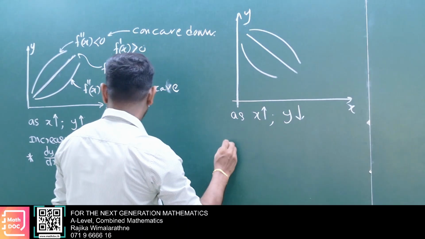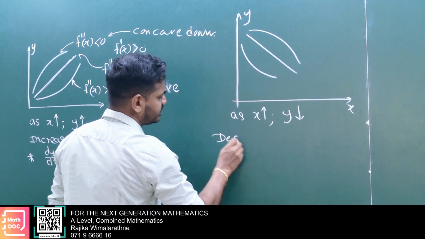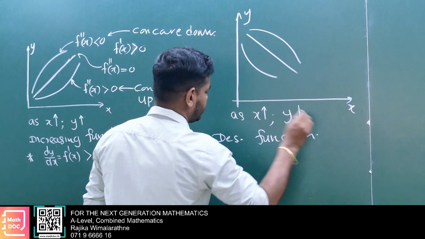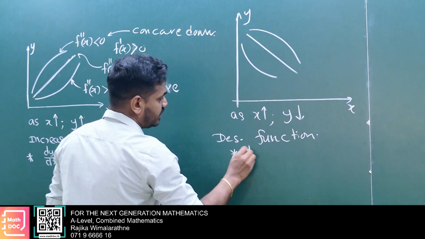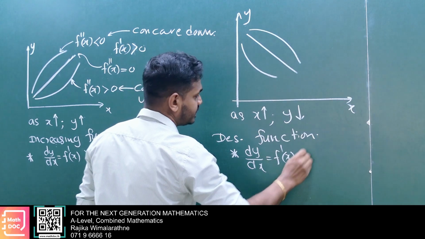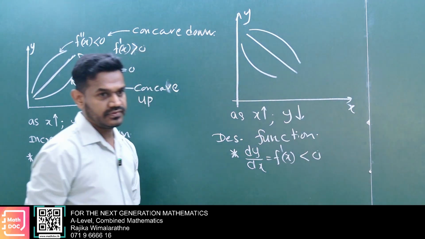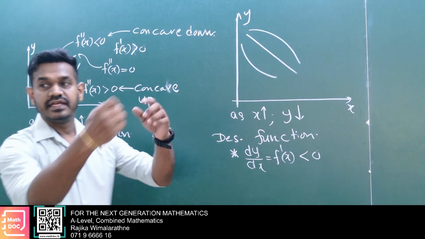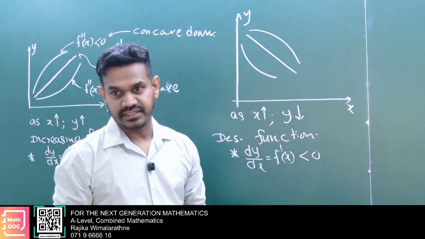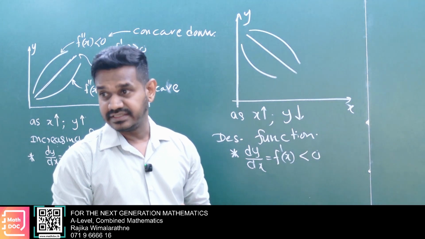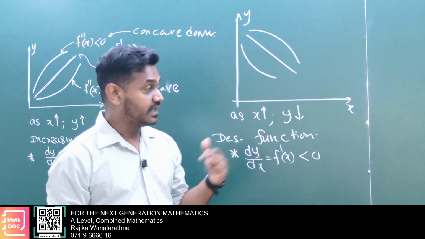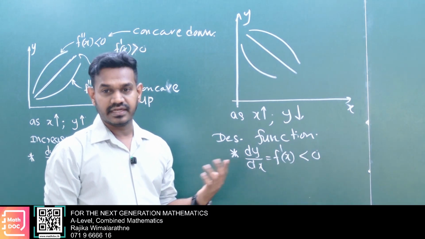Here the specialty is dy by dx, or f dash x, negative. To find the increasing region, you have to check the dy by dx greater than 0 region. If you need to find the decreasing region, you have to get the dy by dx negative region. That's how we find increasing and decreasing regions.